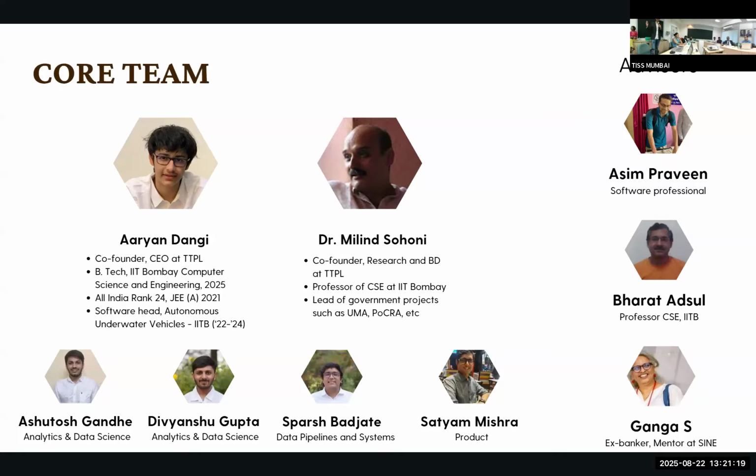That's how it began, and it was quite successful. Our first pilot was for around 100 to 120 villages, which we executed successfully, and we got an extension of that project, which we're still doing in 6 tehsils across 6 different districts in Maharashtra.